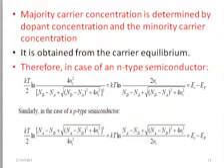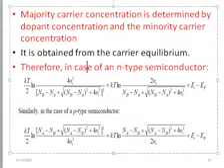Let's come back here. If you assume ND minus NA is much bigger than Ni square, you can make this one equal to 0, because this expression is assumed to be much bigger than this. If you do that, you neglect this one and make it equal to 0, you will be left with square root of what? ND minus NA square.